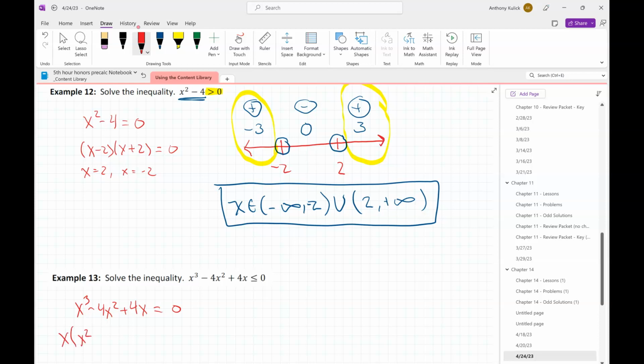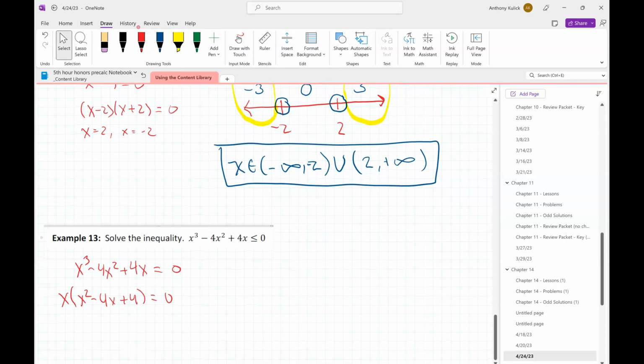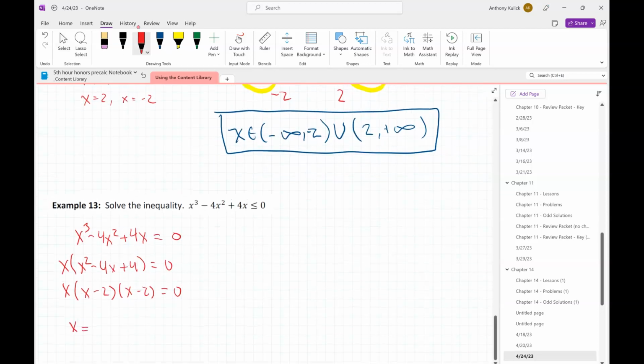I notice I can take a greatest common factor of x out. And then I notice the quadratic x squared minus 4x plus 4 factors to x minus 2 times x minus 2. So I end up with, again, 2 zeros at 0 and 2. I'm going to draw my sign diagram.